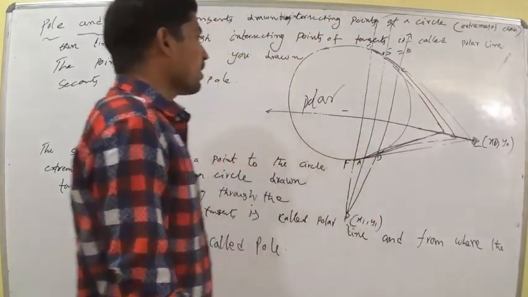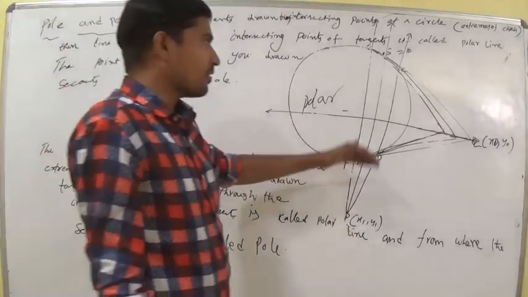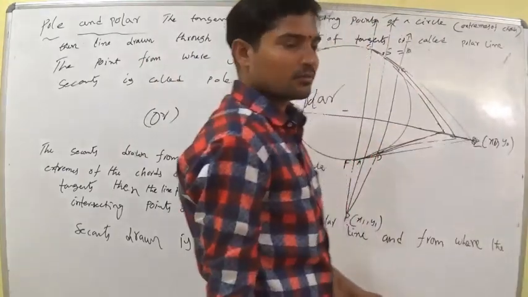Understand? Now, if the pole is an external point, then the polar line becomes a chord.